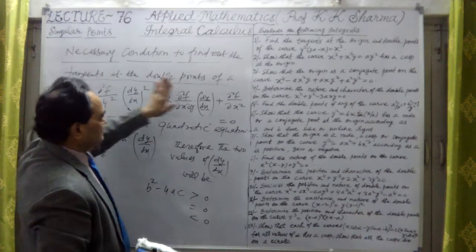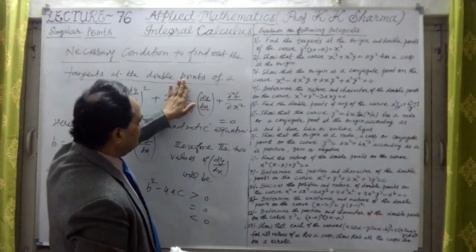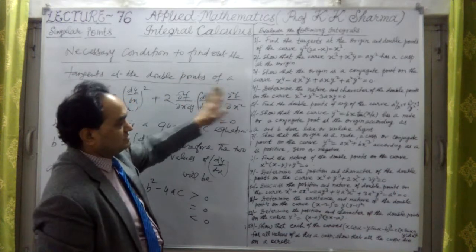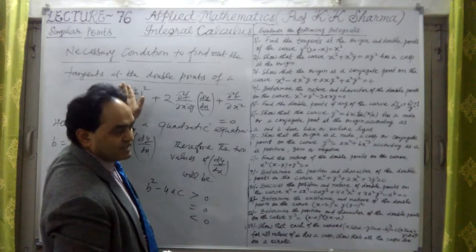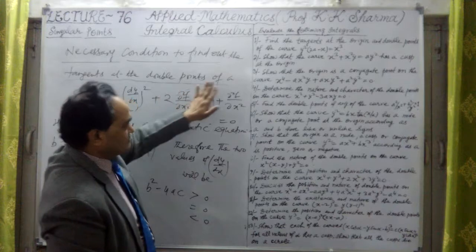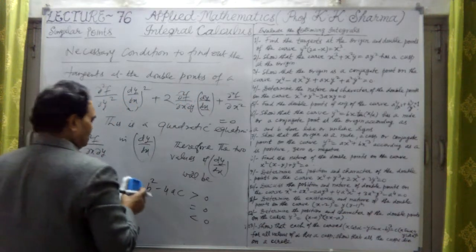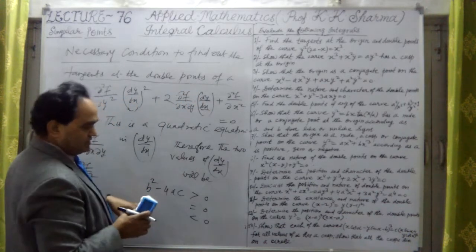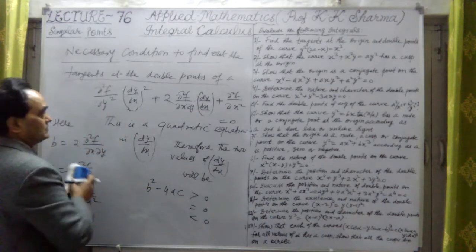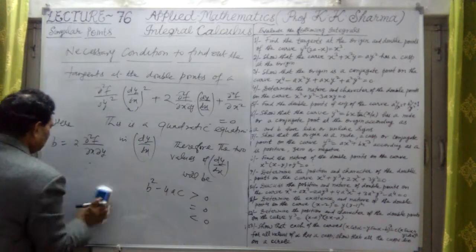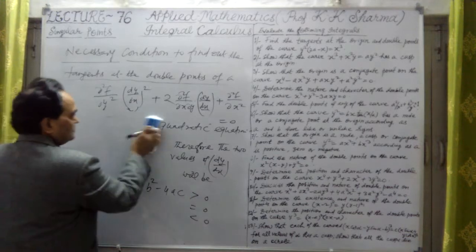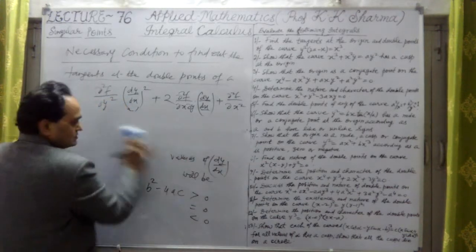The coefficient of d by dx is this b, and this is c. This is ax square plus bx plus c, the quadratic equation. Comparing these two, b square minus 4ac can be written this way, since this is a quadratic equation in d by dx.